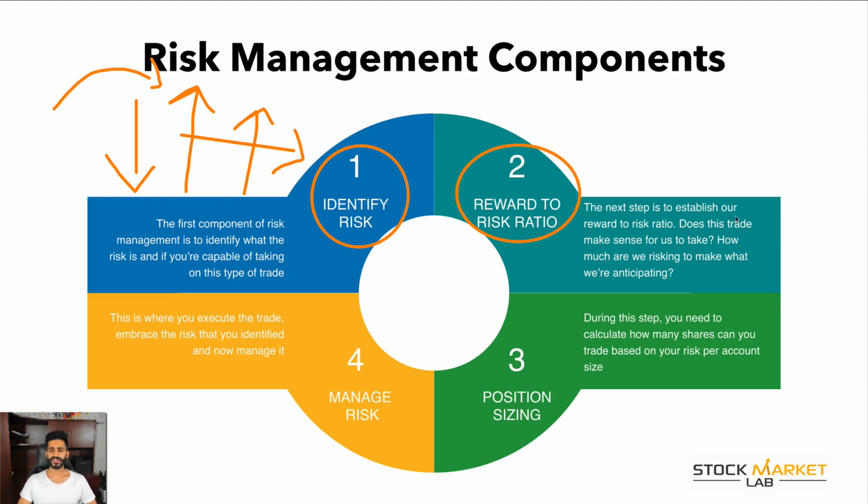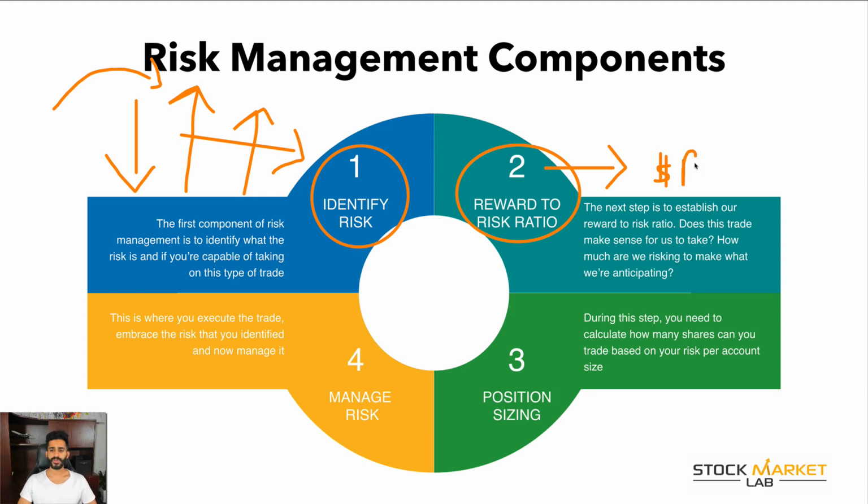The next step is to establish our reward to risk ratio. Does this trade make sense for us to take? How much are we risking to make what we're anticipating? Basically, reward to risk ratio means that on every trade you guys take, you should know 2 things. You should know how much am I risking, and I'm going to break this down more in depth in the upcoming video.